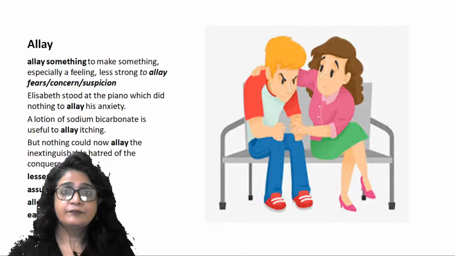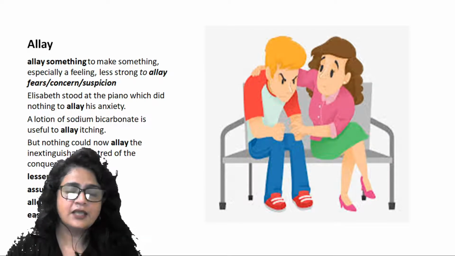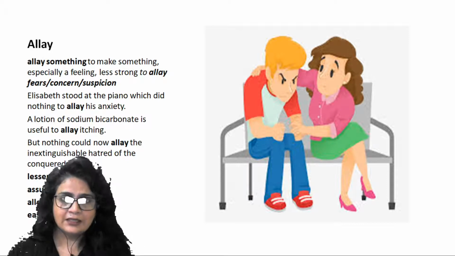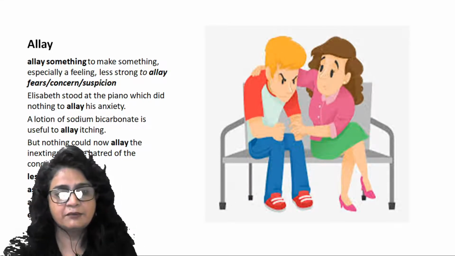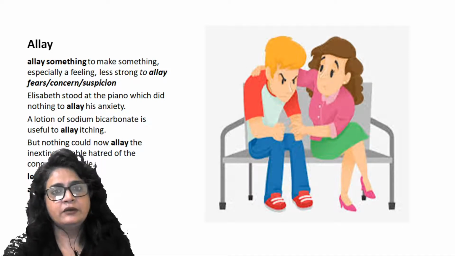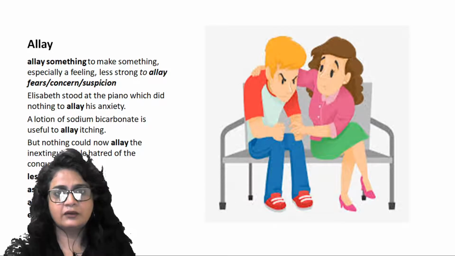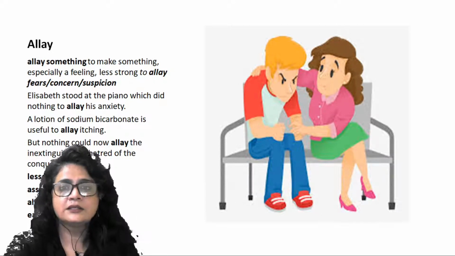So, though they are synonyms, yet the context is different. All right, so alleviate is to lighten up something, to bring down something. Ease is to make somebody feel comfortable. All right, so remember the picture. Whenever you see the picture, the word that should come to your mind is allay. She's trying to allay his anger.